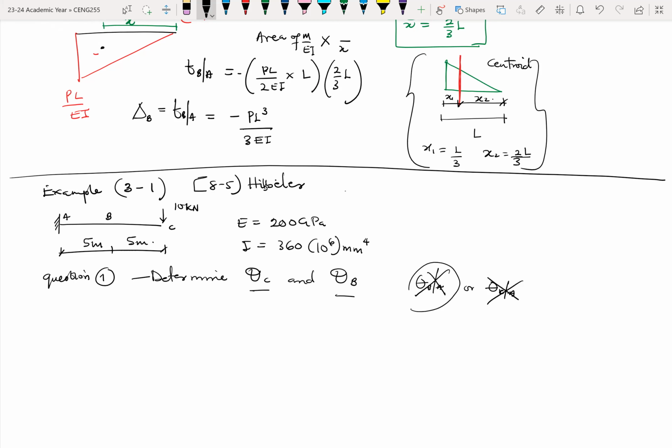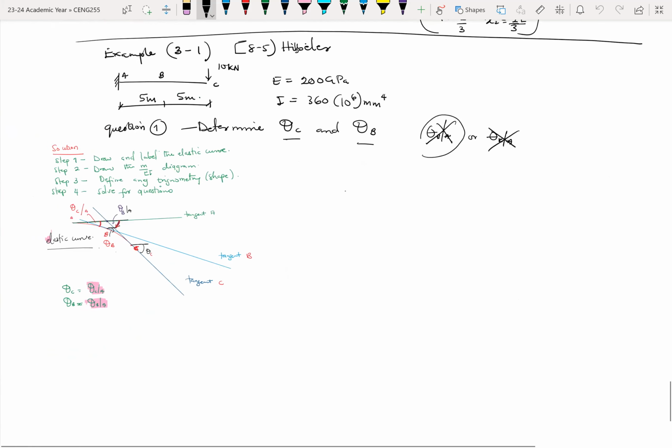So let's look at the solution steps. Okay, so these are the solution steps.